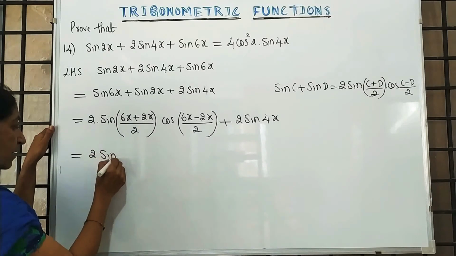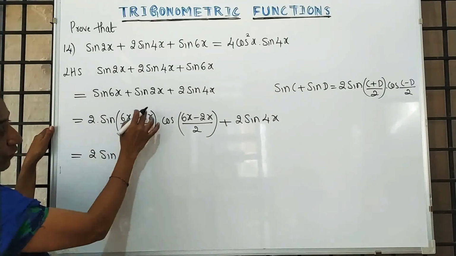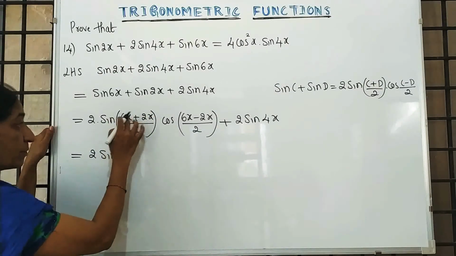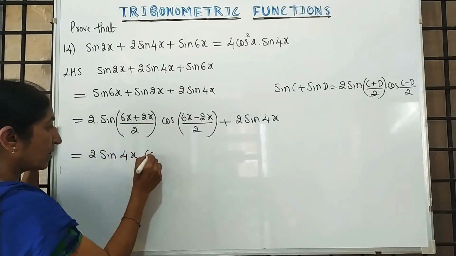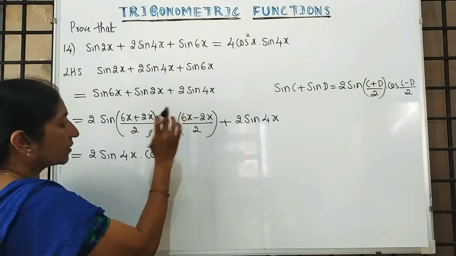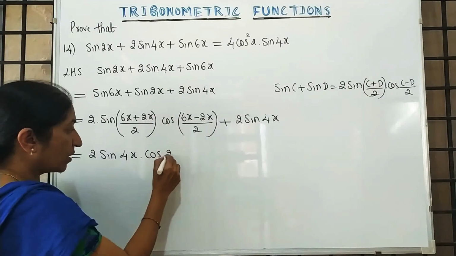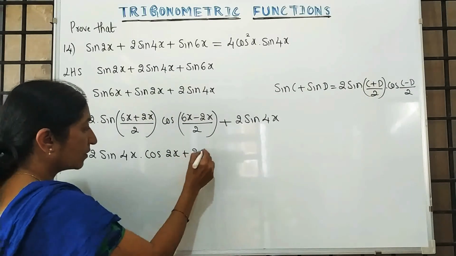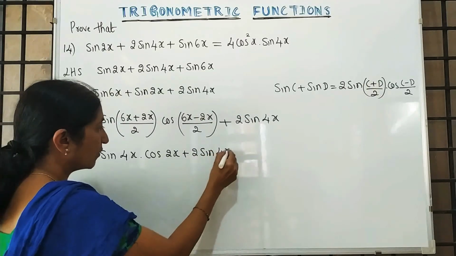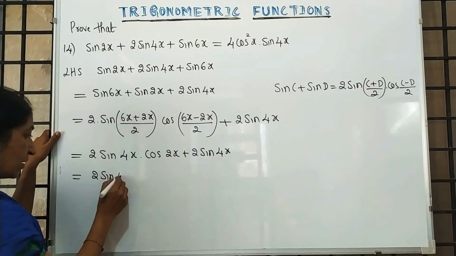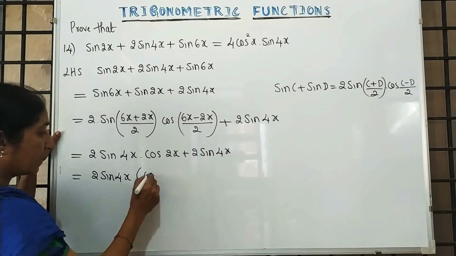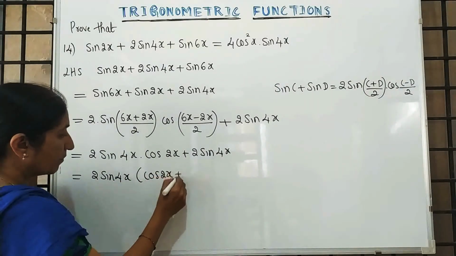2 sin, 6 plus 2 is 8. 8 divided by 2 is 4. 4x into cos, 6 minus 2 is 4. 4 divided by 2 is 2, plus 2 sin 4x. 2 sin 4x common in the bracket, cos 2x plus 1.